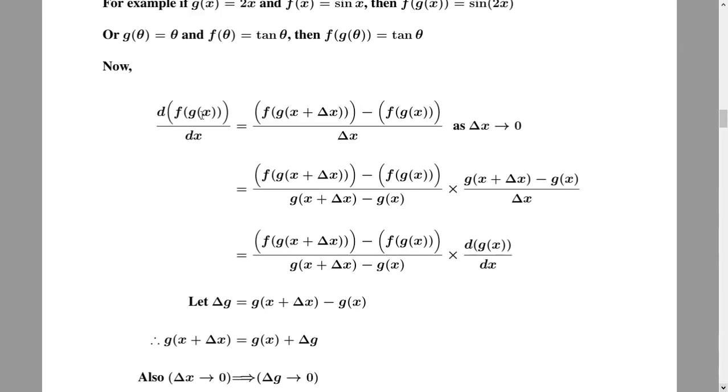So d of f of g of x by dx is nothing but f of g of x plus delta x minus f of g of x. You replace x with x plus delta x. The whole thing divided by delta x, where delta x tends to 0, because that's the definition of the derivative of a function.